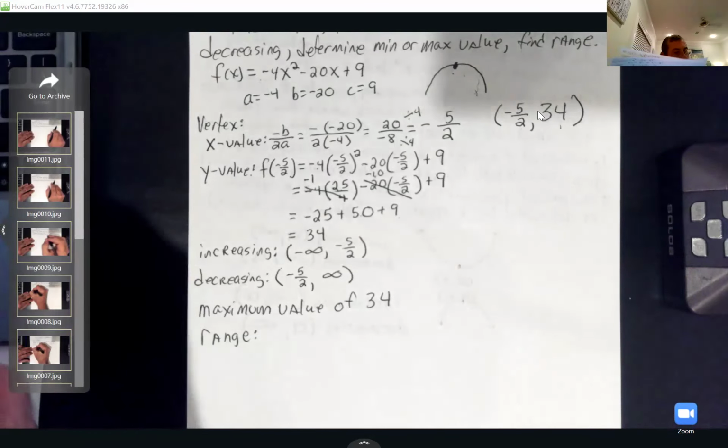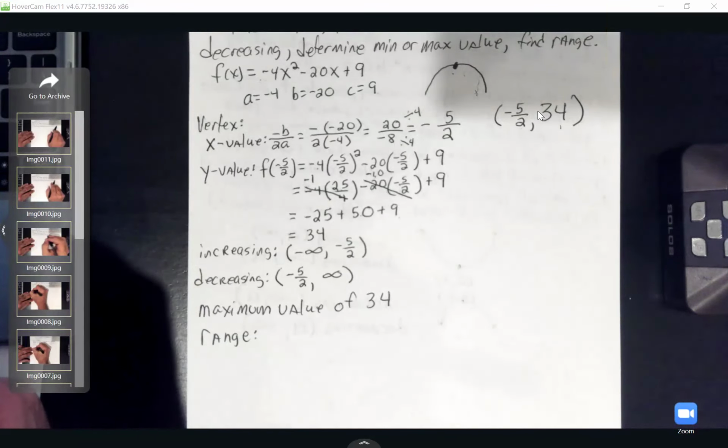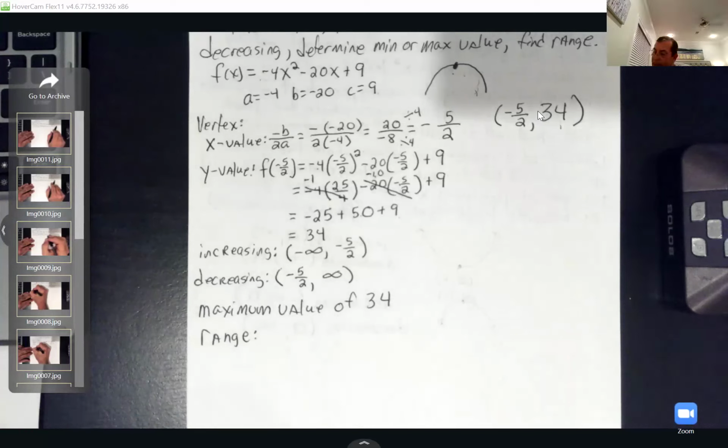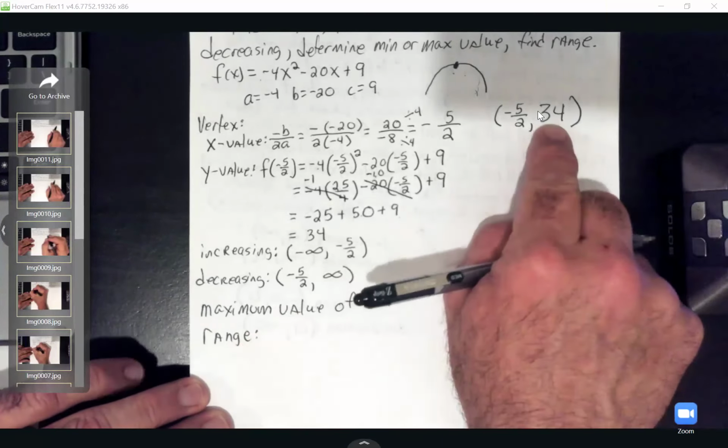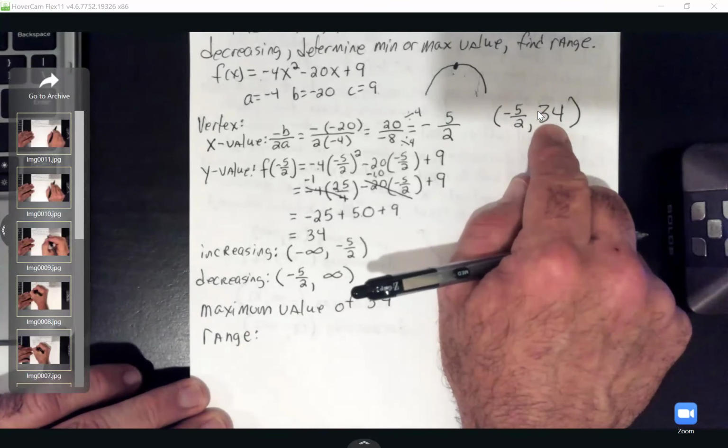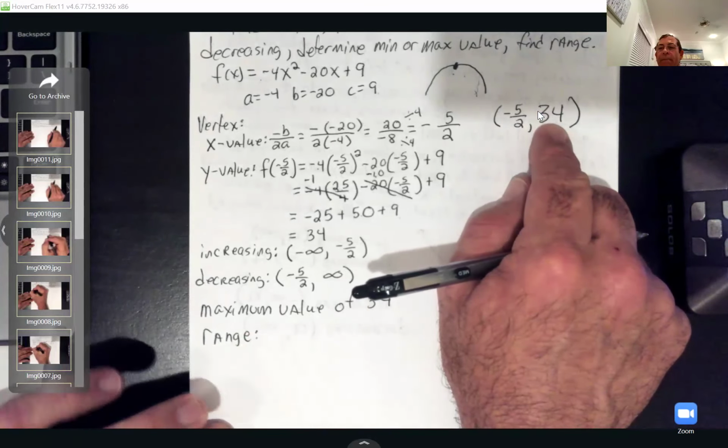All right, y'all, I'm looking at one thing real quick here. All righty. Now, the range is the y values. Well, we know the highest y value here was what? 34, right?